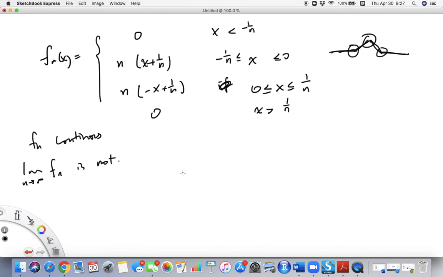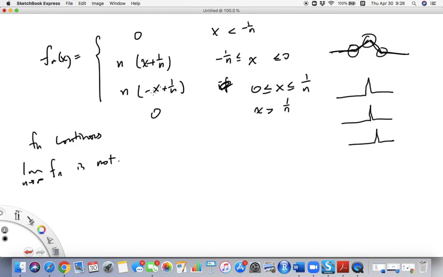Okay. All right. So why is the limit not continuous? Say this is f1. If you draw the graph for f2, it looks like that. f3, it looks like that. As you can see, it goes sharper and sharper at 0, right?